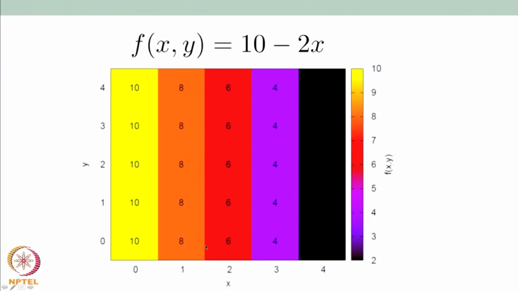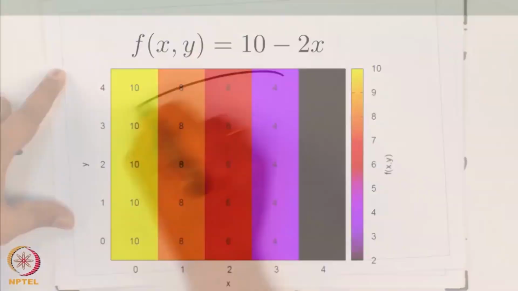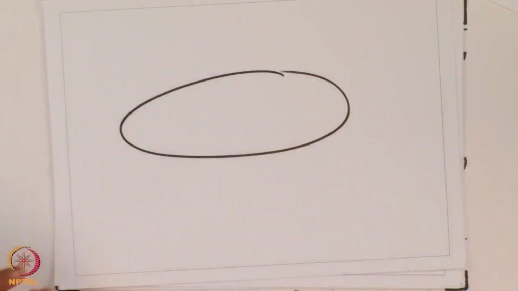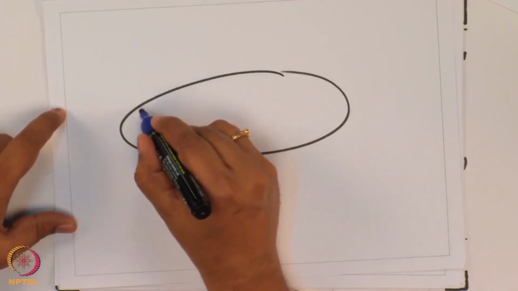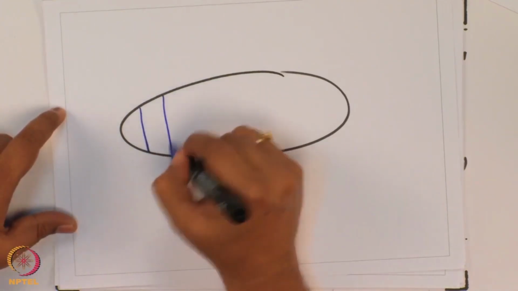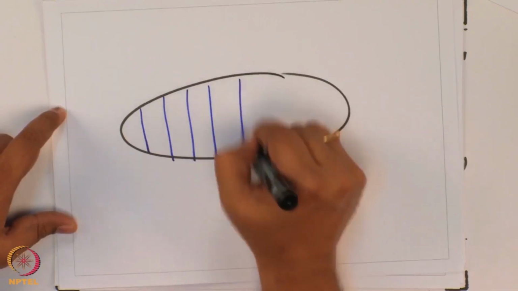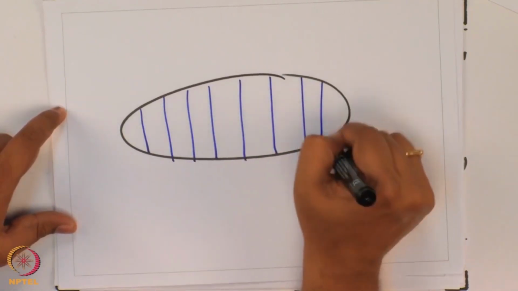And you can think of this in experiments, in various contexts. For example, if you have a cell, you can think of some stripes. You very well know, for example, the zebra line.